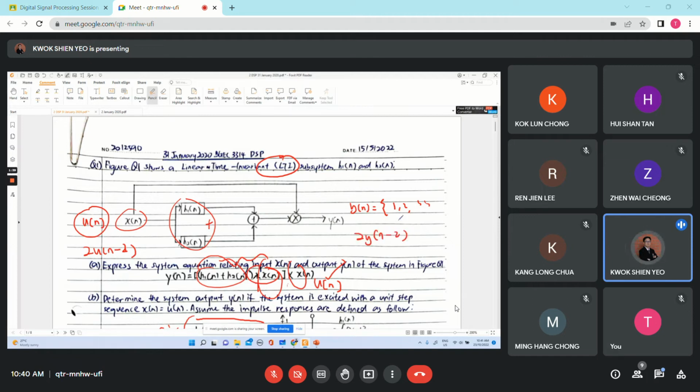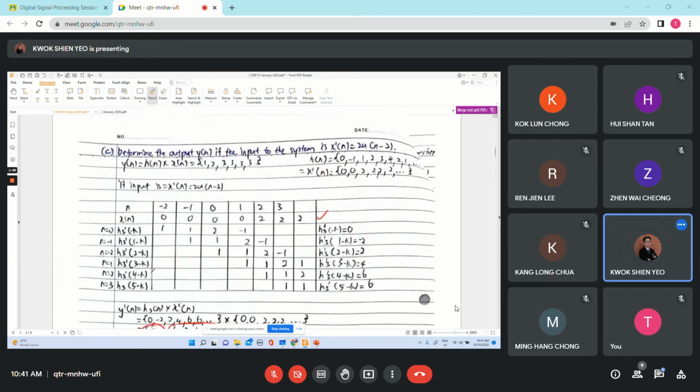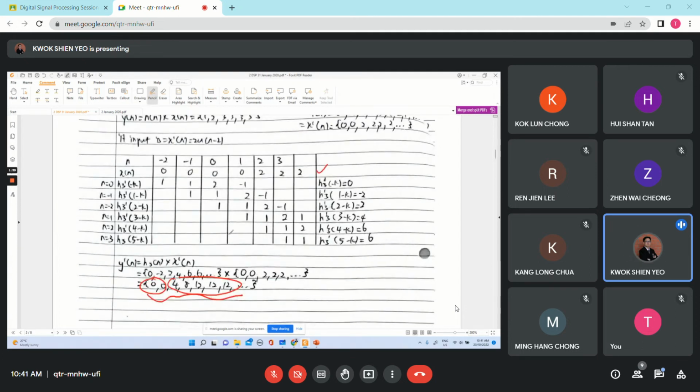So what I need to do is take the result from question 1, multiply it by 2, and delay every one of them by 2 units of time. So that's my answer. If you want to do the table method, also can, just that it wastes a little bit of time. But if you look at the answer here, it is multiplied by 2 and there's a delay of 2 units of time. But if you do this way, still correct.